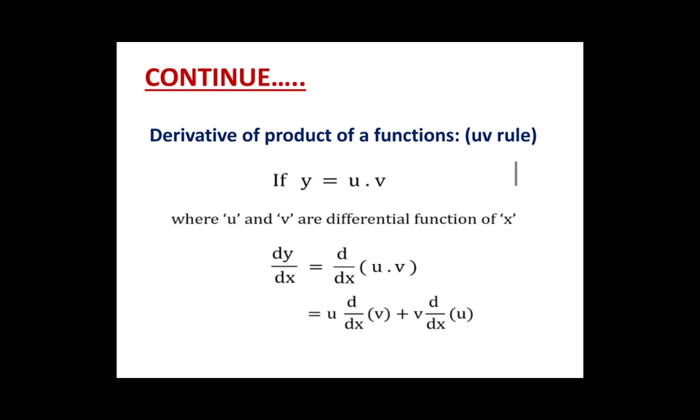Now here comes a very important rule of derivative, and this is known as the multiplication rule or u into v rule. So let's see the u into v rule of derivative.